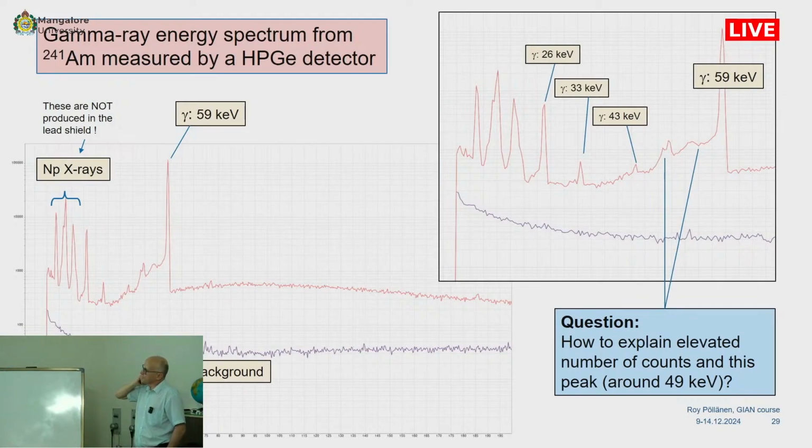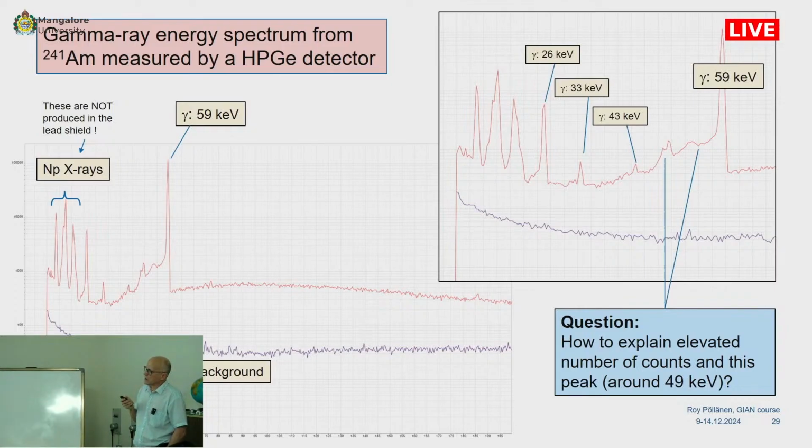I will show you some examples. These are example spectra I obtained some years ago when I made the efficiency calibration of our detectors.